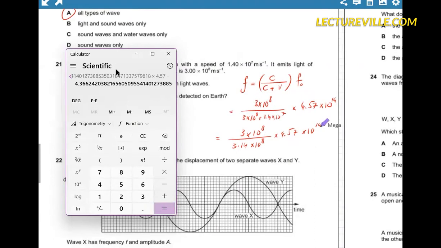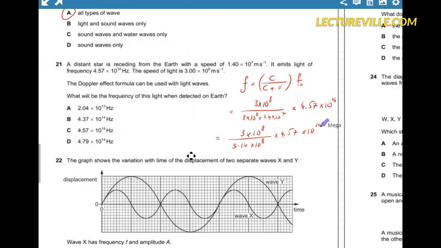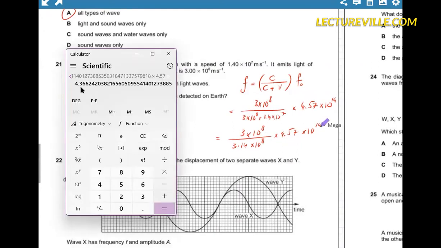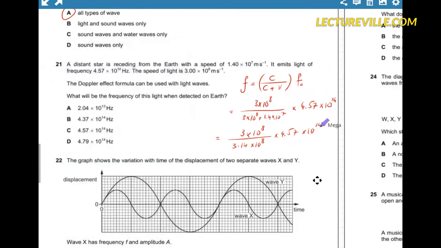So it will be, let me see, 4.37 into 10 to the power 14. The answer should be B.